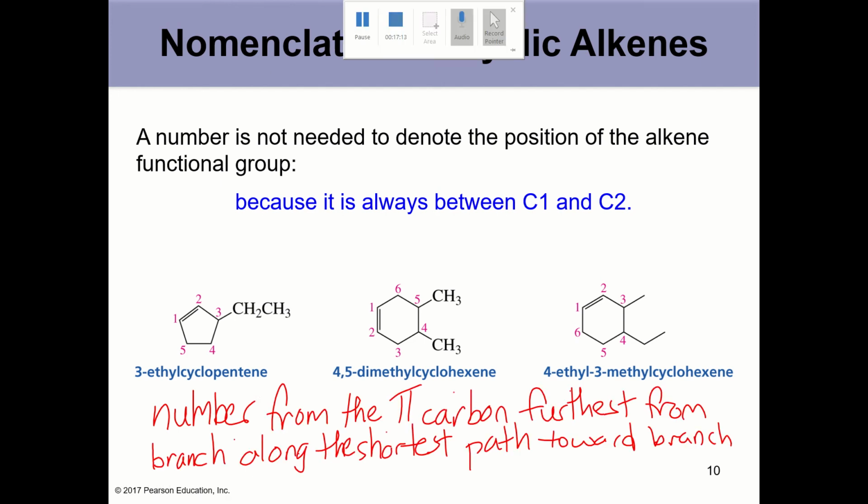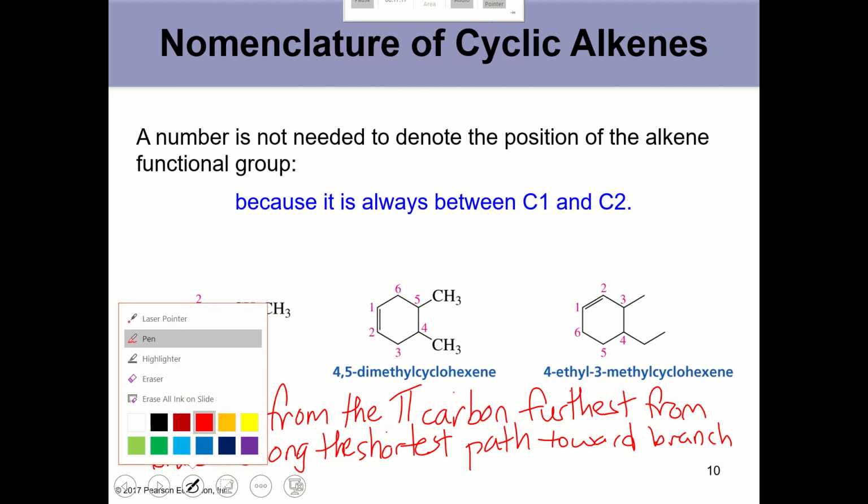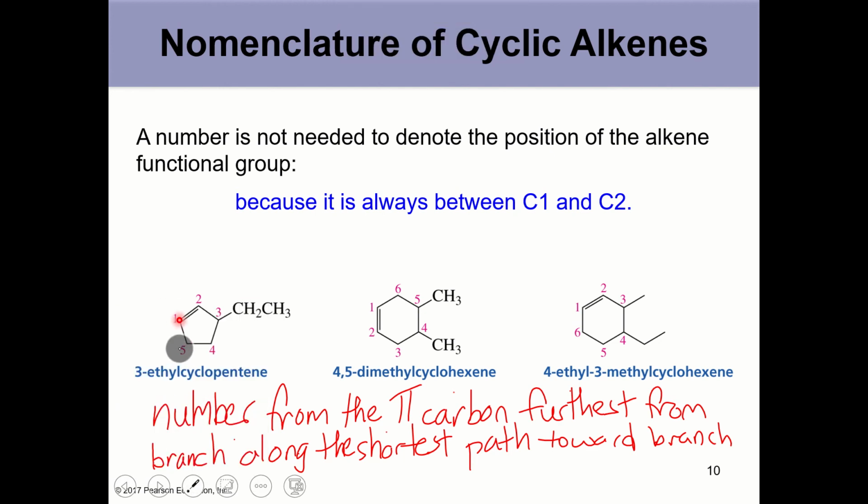So we are numbering from the pi carbon furthest from the branch, 1, along the shortest path toward the branch, giving the branch at position 3, and the name of the molecule as 3-ethyl cyclopentene.